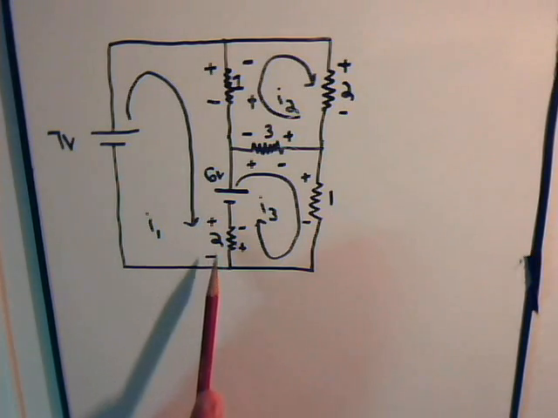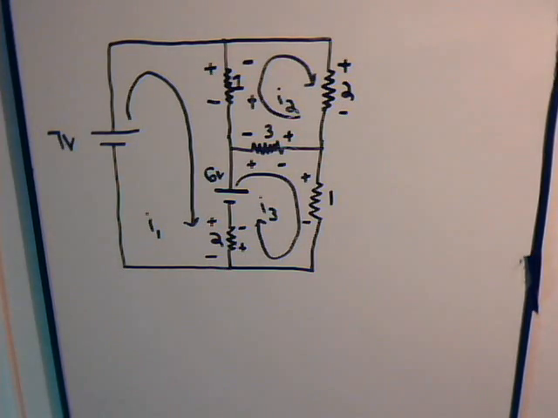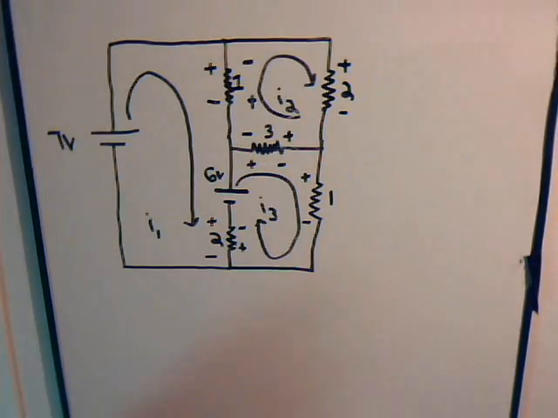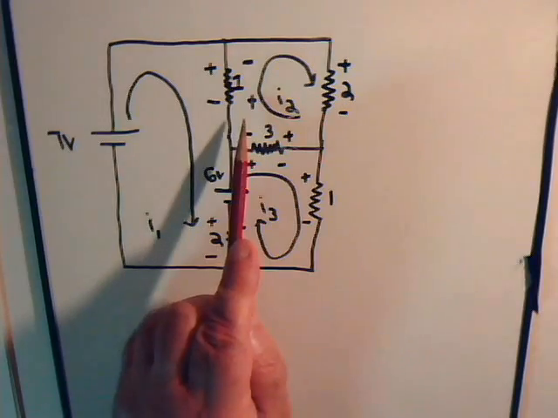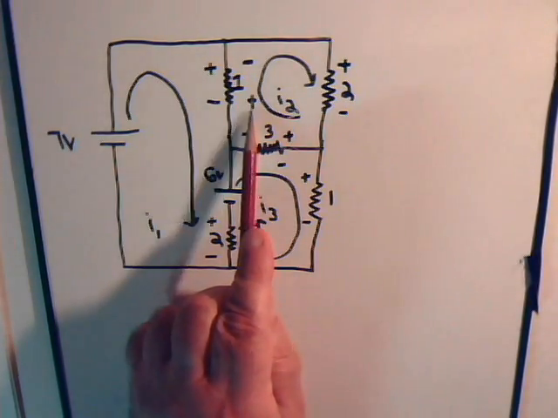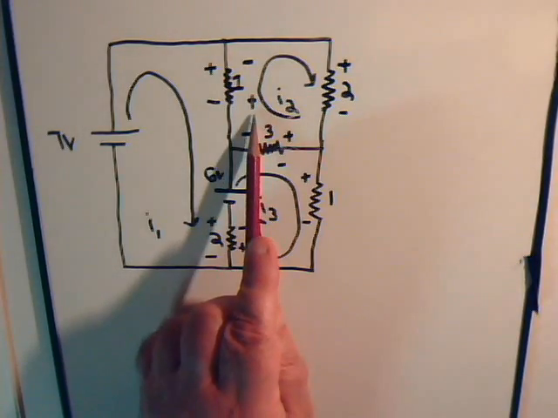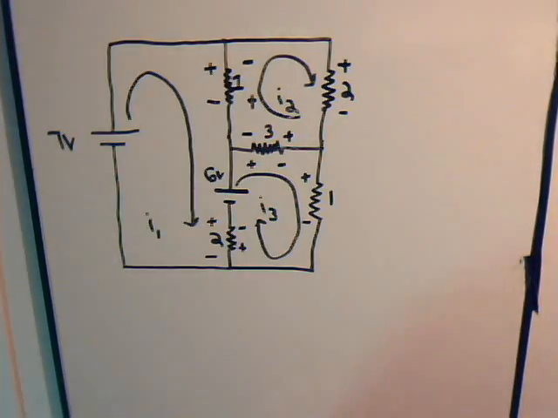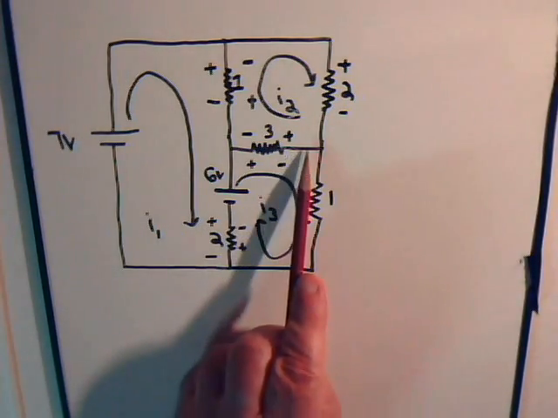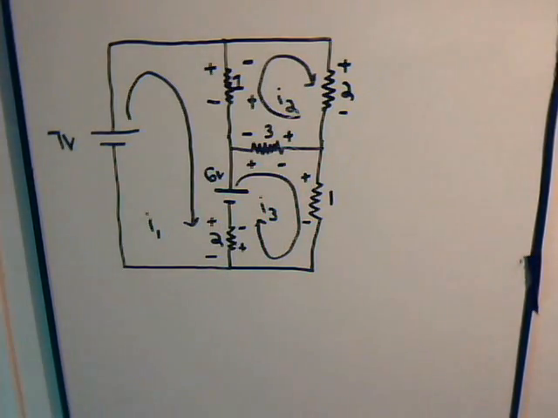So we designate this as a plus minus voltage drop. Now, for the current in the second window, current I2, again going in a clockwise direction, it would enter the resistor at a higher potential than where it exits, so we designate a plus minus sign here. Same thing for this resistor, and same thing for this resistor.